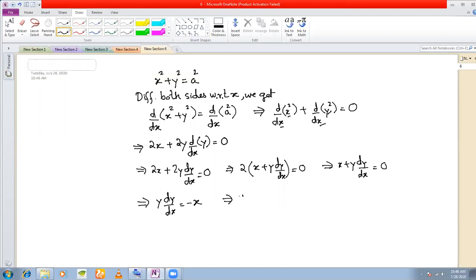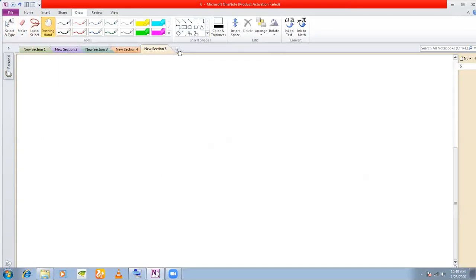That means dy dx is equal to minus x by y. Understood? So we move on to the next problem. It's a very simple problem to start with.